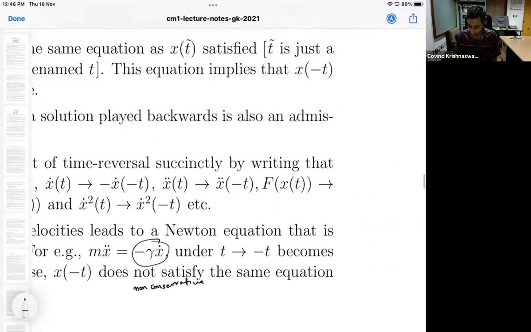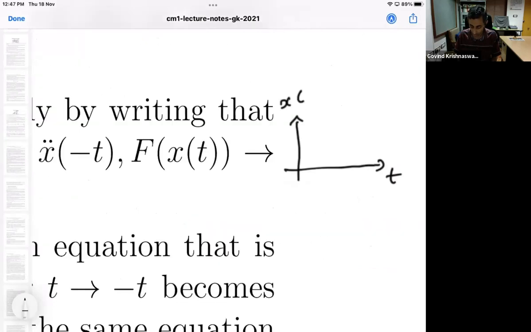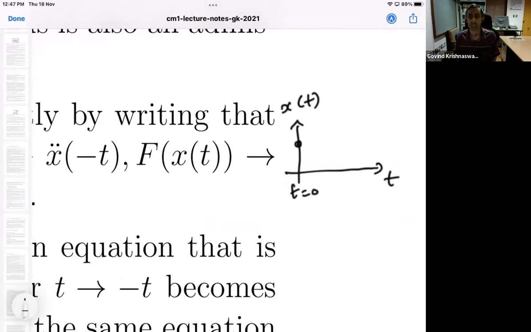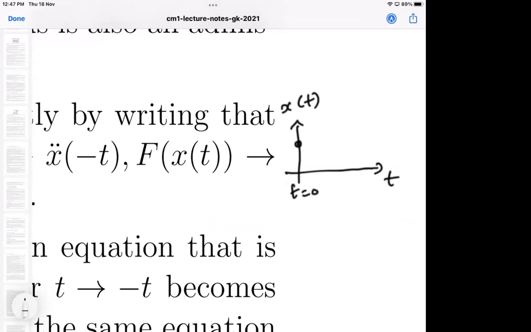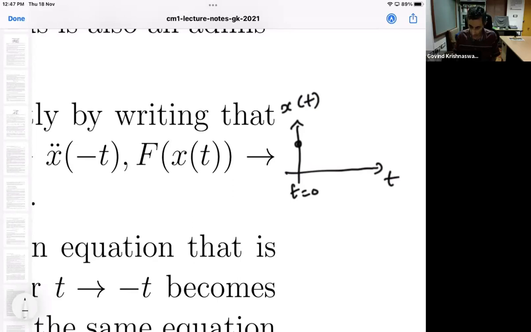Suppose this is t, and I'm plotting x as a function of time. Suppose the particle begins at t equal to 0 at some location, and suppose it is rolling on a rough surface, so that the particle does move.